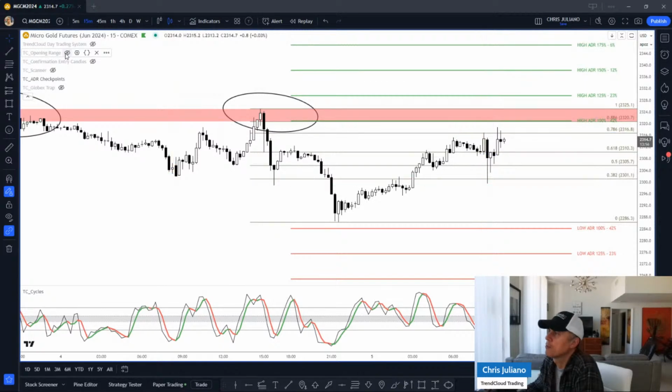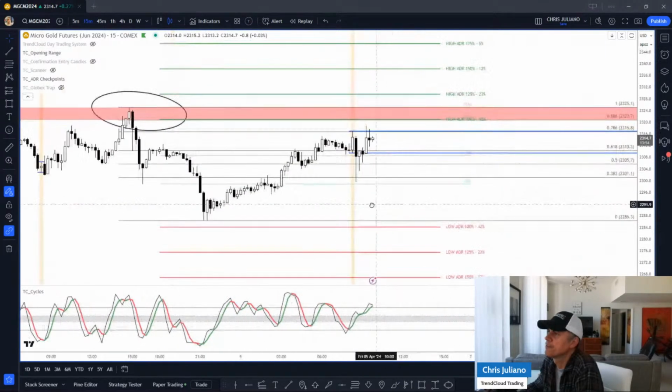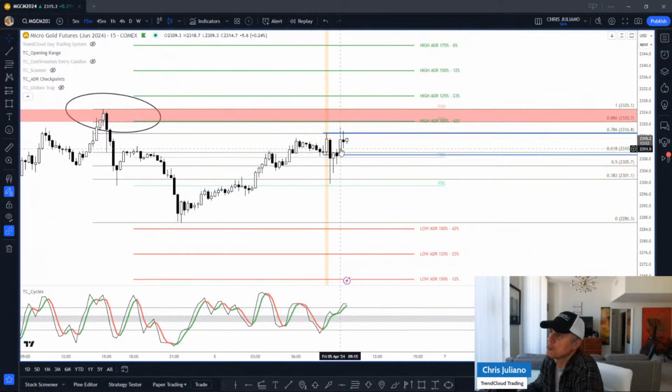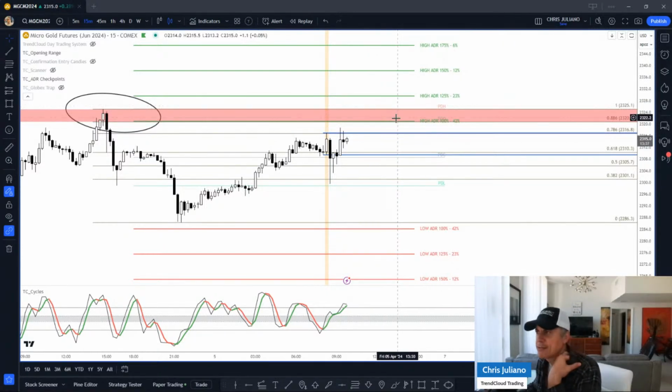Opening range right here. Break into the upside, right? It broke to the downside and wanted to hit close to that previous day's low, then broke into the upside, but we're running right into, hey, Simon, how's it going, buddy?